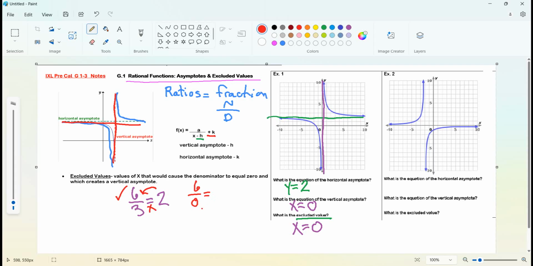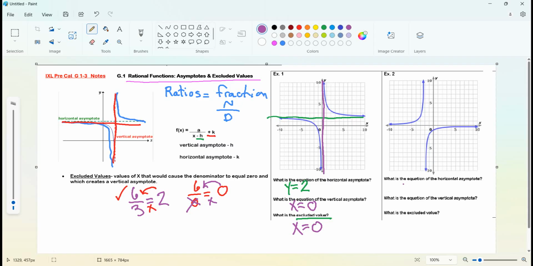You never ever in math want to have a 0 in the denominator. I'll show you why. 6 divided by 0 equals 0, right? But you can't do the inverse. 0 times 0 does not equal 6. So that's an excluded value. You can never have anything that's going to end up giving you a 0 in the denominator. And we'll talk about that more when we start looking at the equation over here.